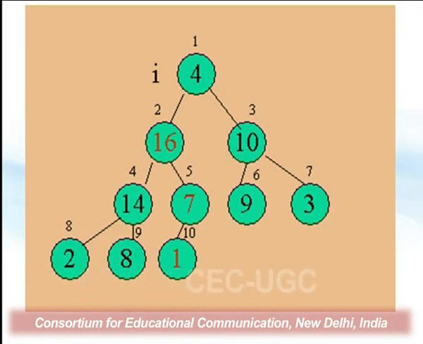Now, our new index I for heapifying is index number 1, and the position is the root node, which is 4. Now, 4 is having 16 and 10 as its children. So, 16 will be swapped into the position of 4 because that is the maximum one, and then 1, when it takes the position of 16, will destroy the heap property of its own subtree.